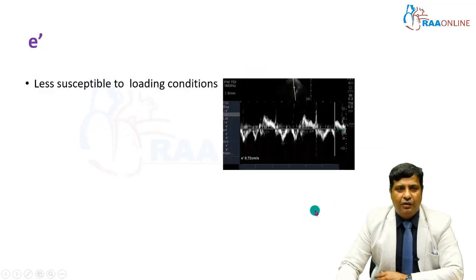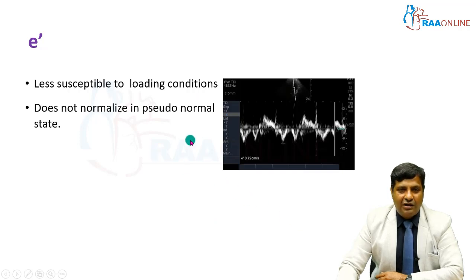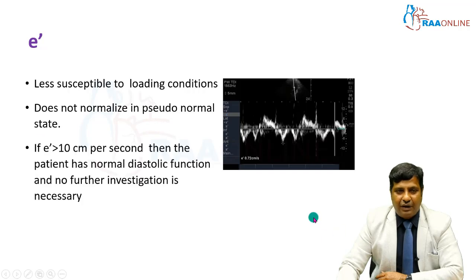Okay. So unlike the blood flow velocity across the mitral valve, this tissue velocity is less susceptible to loading conditions. That is an important point to be remembered. And it does not normalize in the pseudonormal state. That is the second important point.